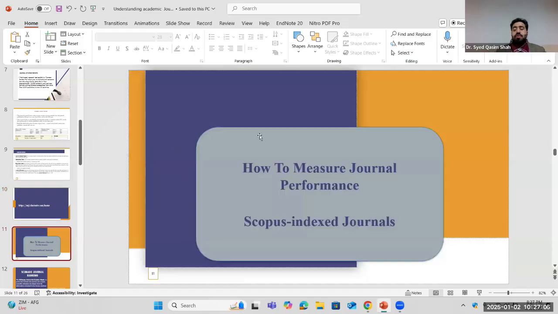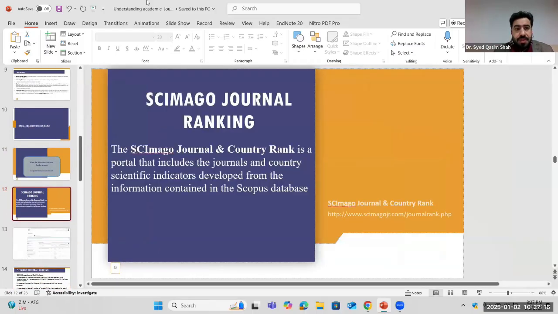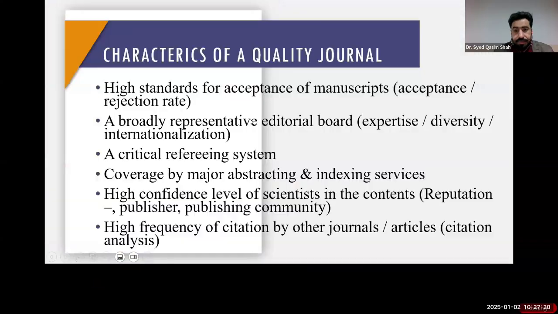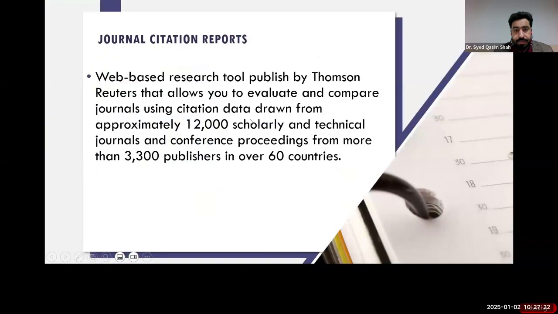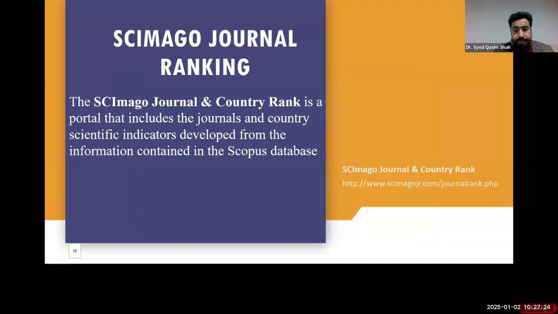Now let's move to our second type of index, that is Scopus indexed journals. So basically, Scopus indexed journals use the SCImago Journal Rank system, just like the Web of Science uses the JCR.